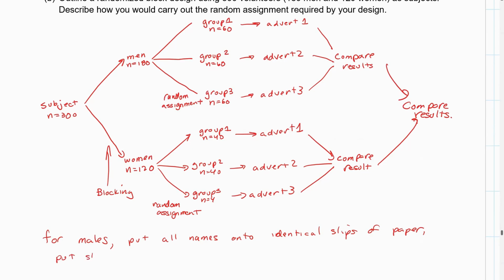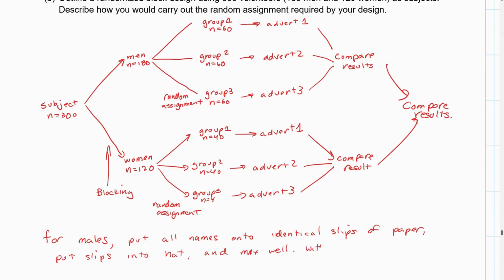Put the slips into a hat. And of course, mix well.